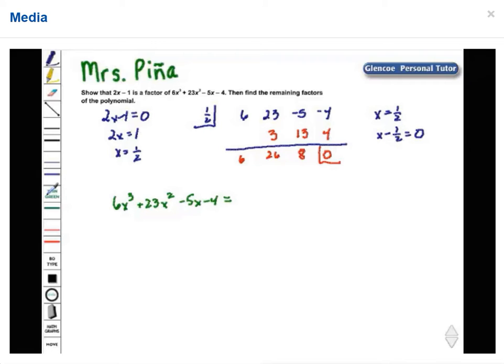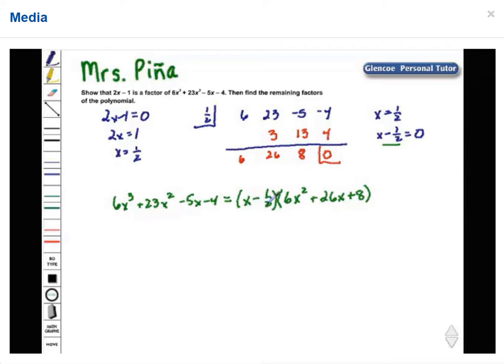So when I write it as my factorization, I'm going to use x minus 1/2 times, and now I started off with a cube for my original polynomial. That means that my first coefficient here will be the coefficient 1 degree less. So this will be 6x squared plus 26x plus 8.